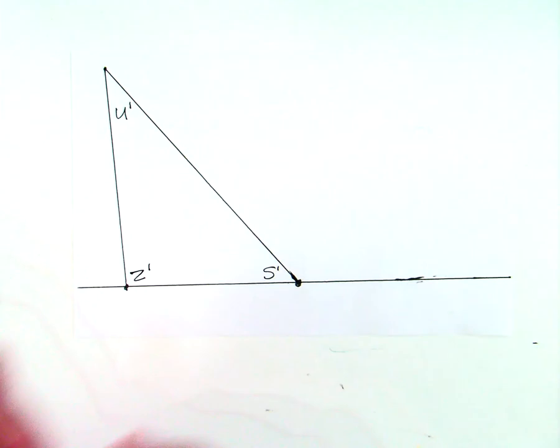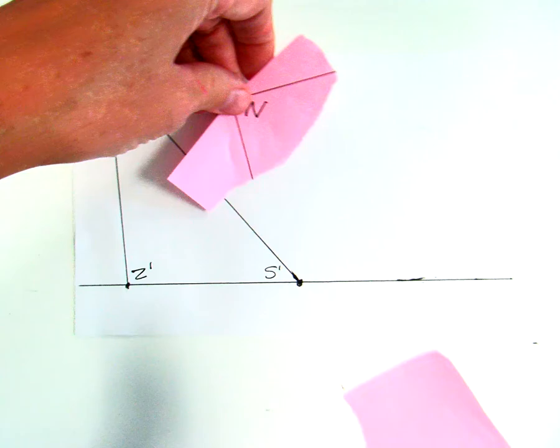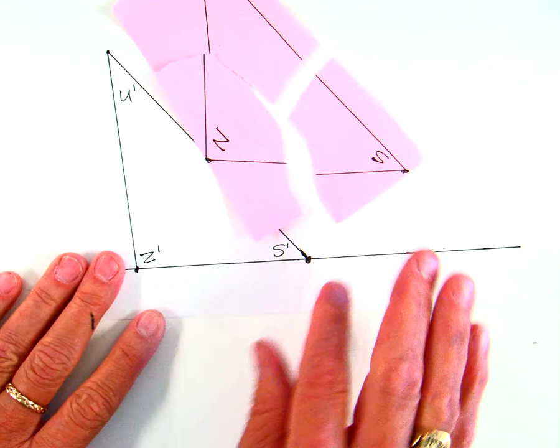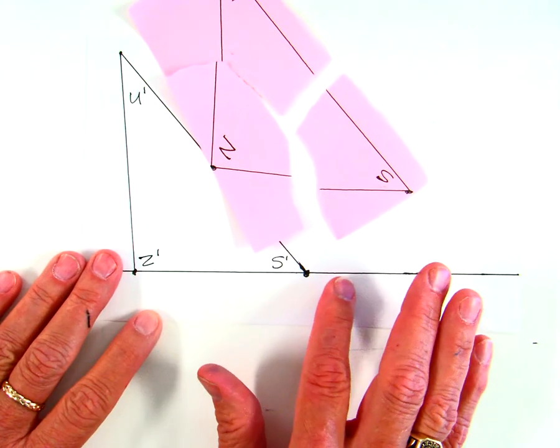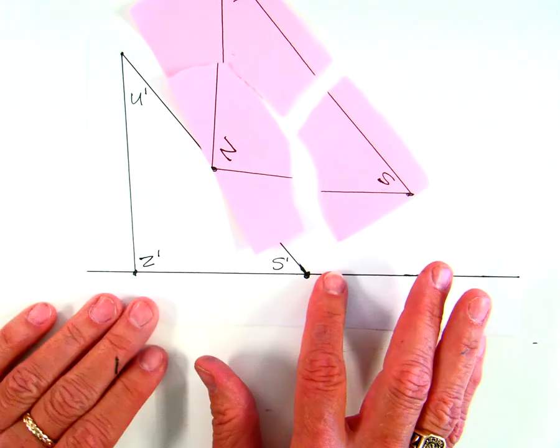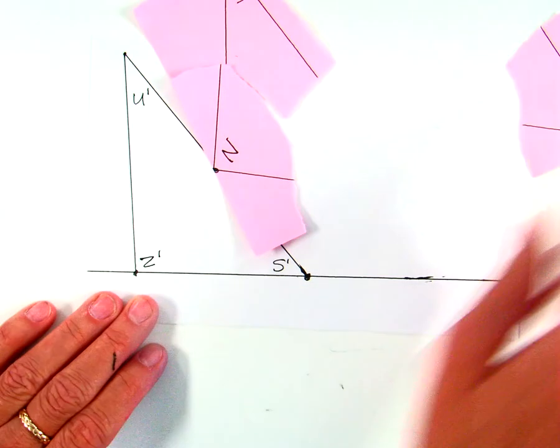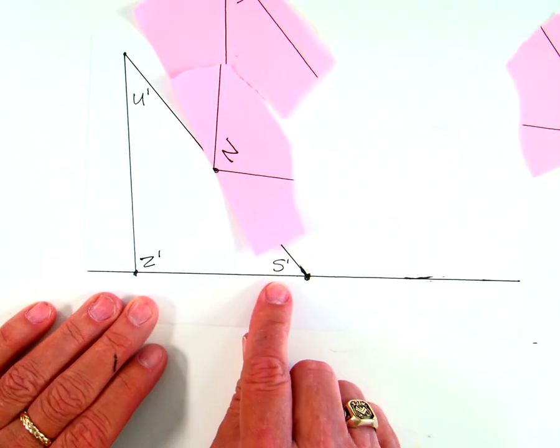So you can see the three angles. There is my Z, there is my S, and there is my U. We're going to work with the exterior angle here. So I don't need S. You don't need the one that's adjacent to the exterior angle. You need the two remote ones. So these are the remotes over here.